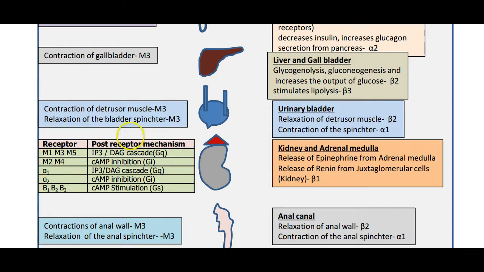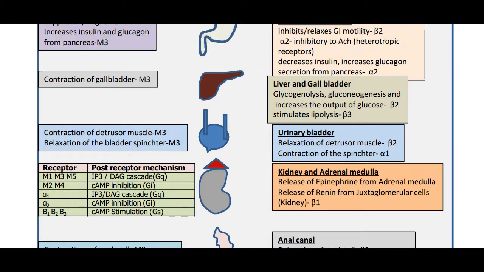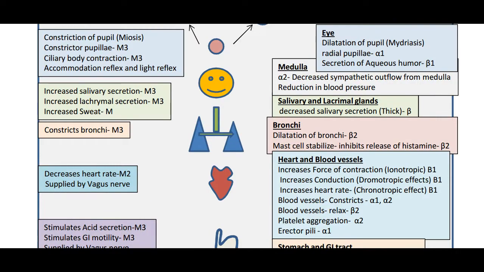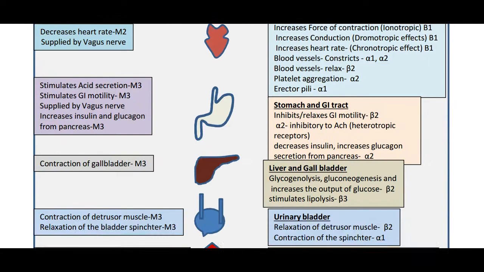Whereas M3 receptors, if you see, they are present in all the smooth muscles, and M3 activation will lead to contraction of the smooth muscles as well as the motility. And that's why wherever these M3 receptors are there, they stimulate the smooth muscles and they cause the contraction, and not only that, it increases the GI motility.